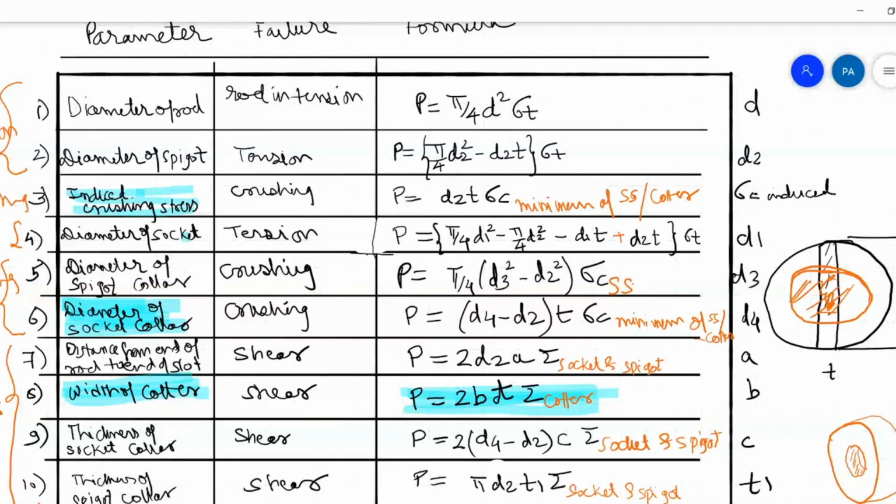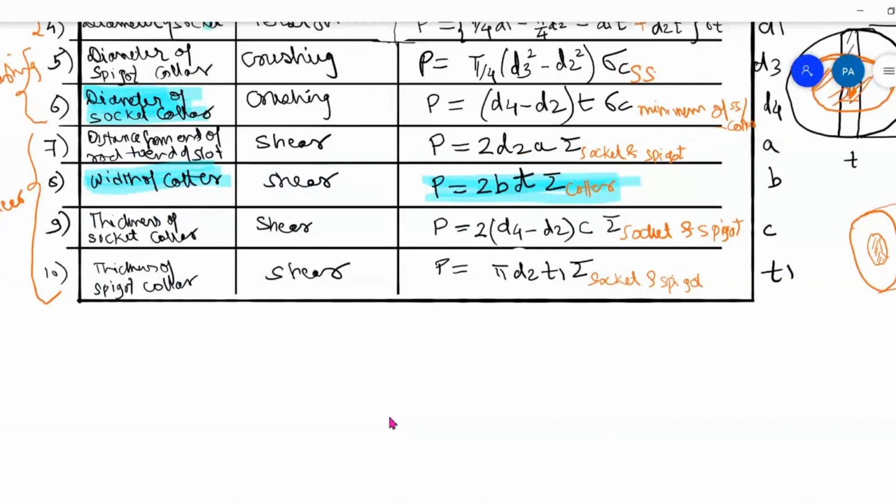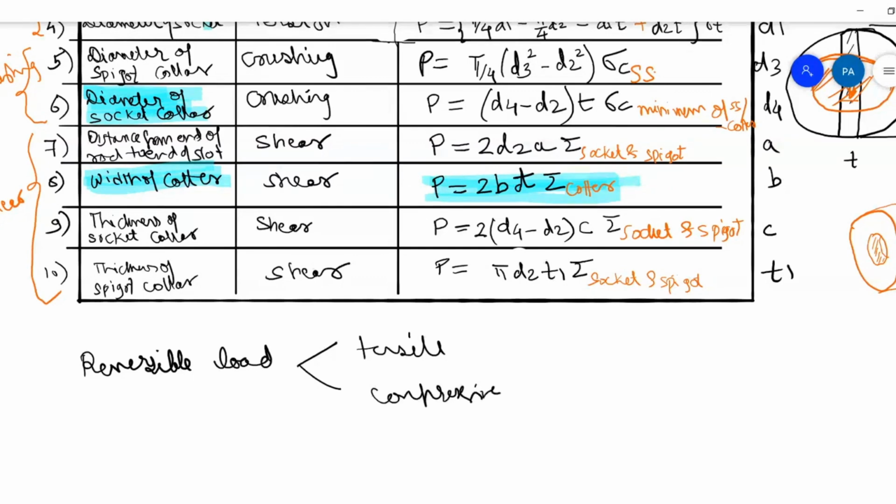Okay, now another question. I am saying that the cotter joint is designed for which load? Reversible load. So we are designing it for reversible load. Reversible load matlab sometimes it is tensile and sometimes it is compressive. Now we'll come to magnitude.